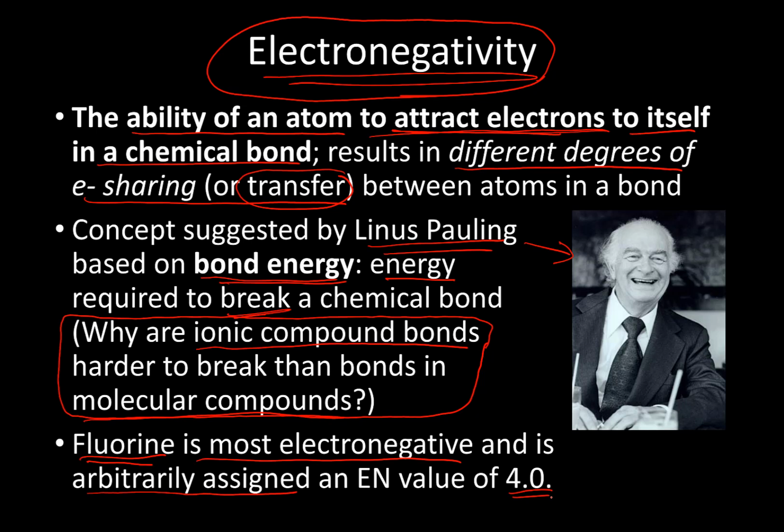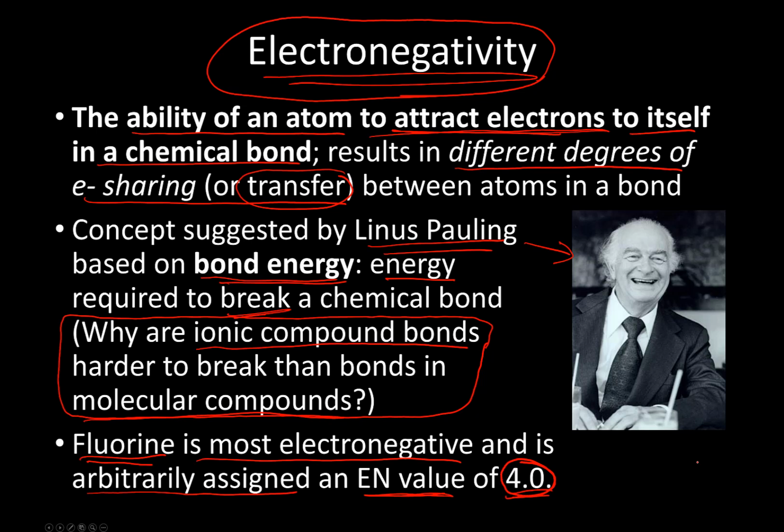So the goal was that the electronegativity value, the EN value, assigned to all the different elements in the periodic table should all be a positive value. So fluorine is the highest, so it was given the highest value, but this number of 4 is somewhat arbitrary.